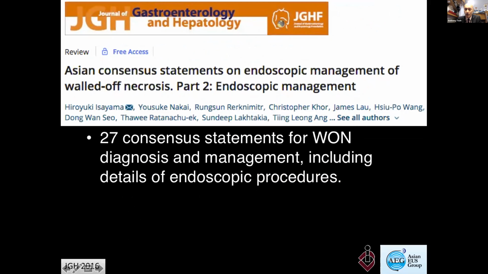Also from our friends, Nakai and also Isayama Sensei, they have published a consensus statement for wall-off necrosis. So wall-off necrosis is a much more controversial area. In this consensus, they look at everything from diagnosis to management to details of endoscopic interventions.